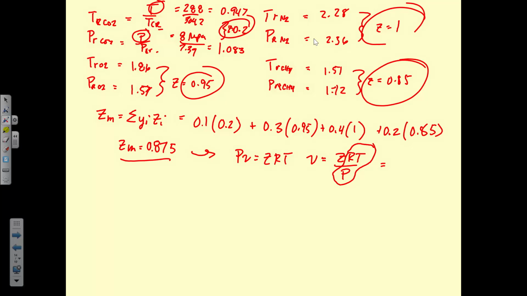So then we calculate that value to be 0.00922 meters cubed per kilogram.